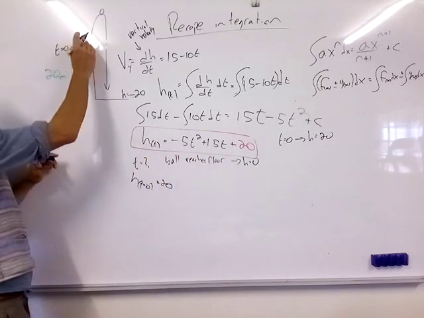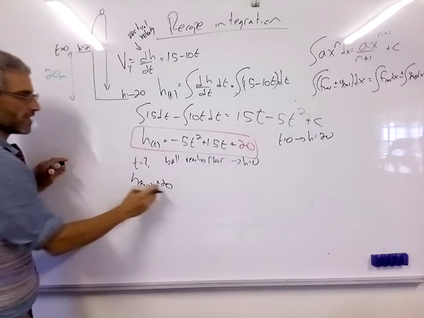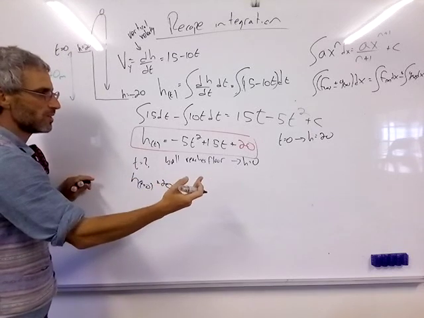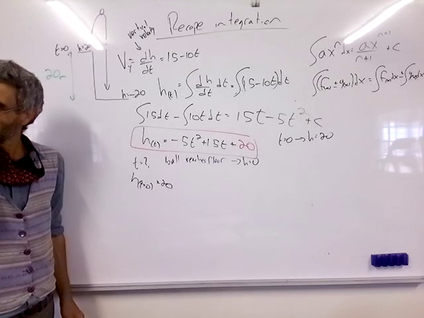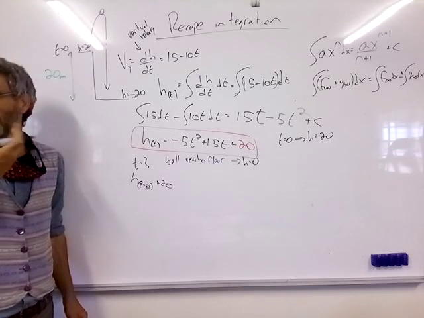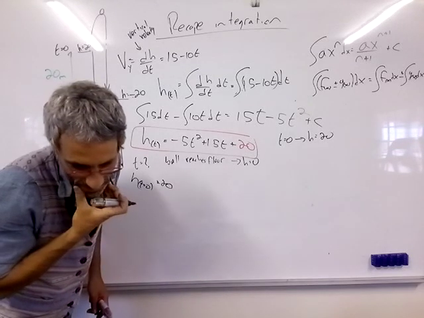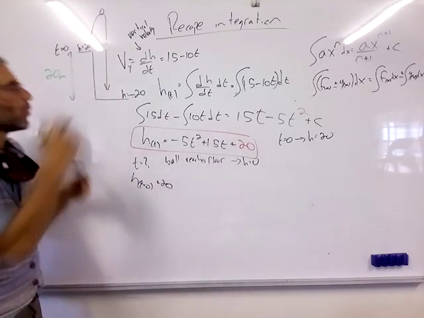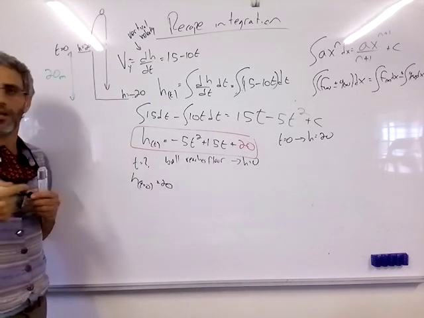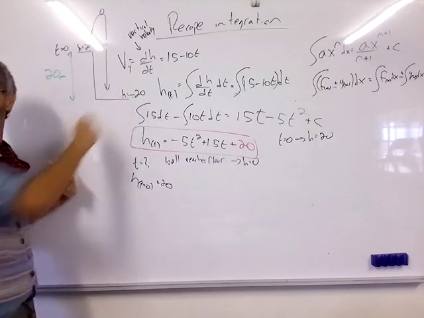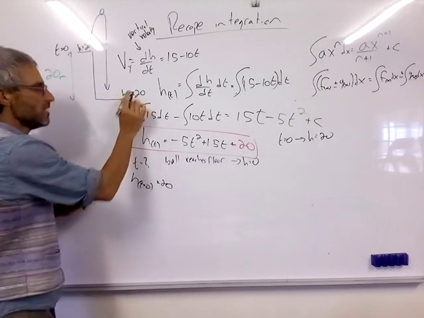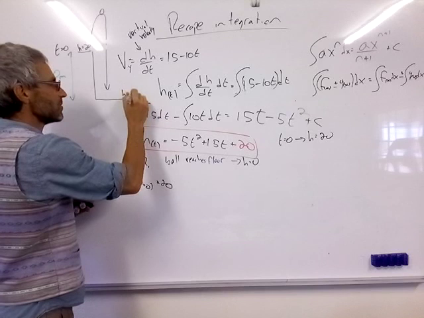If we said h equals 0, then c would be 0. We will have a different c, which is actually fine, but it depends on what we define. We have the flexibility to define where 0 is, and we decide that this is 0.